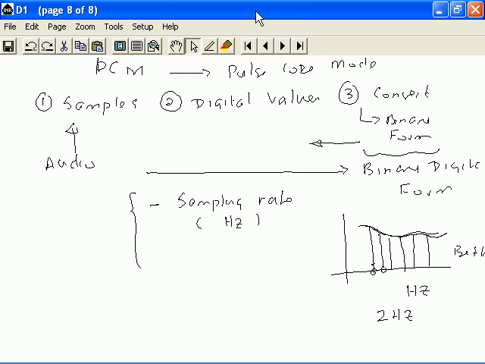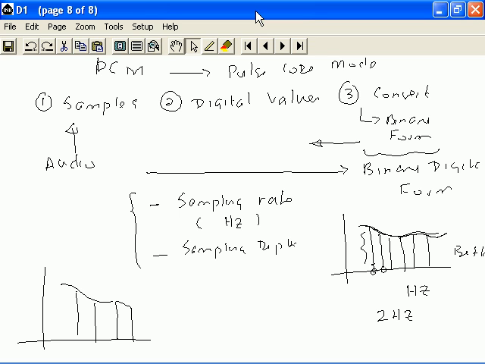The second important factor to be considered is known as the sampling depth, which is the number of digits that we use for representing these heights. For example, take this audio wave. Let's say that we are taking samples 10 times each second. So the sampling rate is 10 hertz, and we can use different sets of digits.